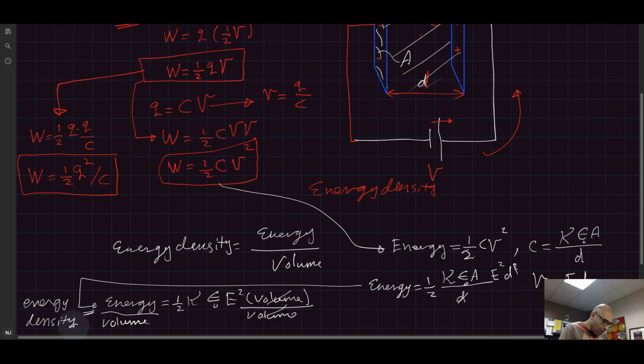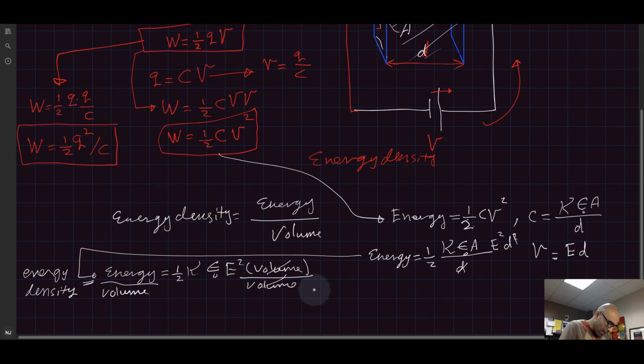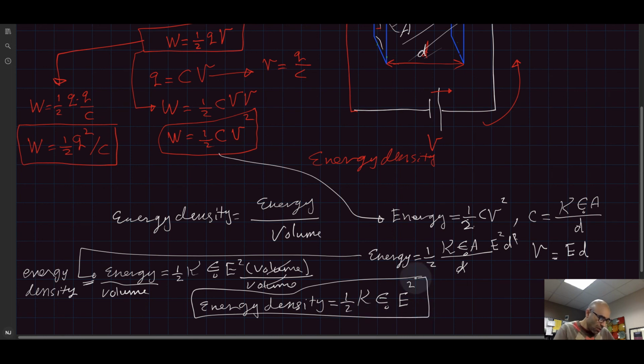So if I want to put this equation in a nice place, I can say that energy density is equal to 1/2 kappa epsilon 0 times E squared, where kappa is the dielectric constant, epsilon 0 is the permittivity of free space, and E is the electric field. And this is a good equation to know. Thank you very much.